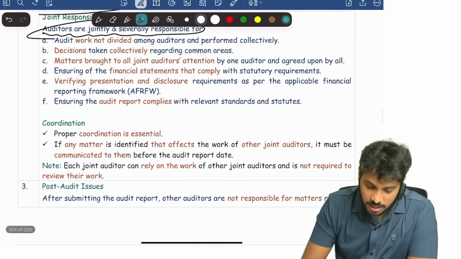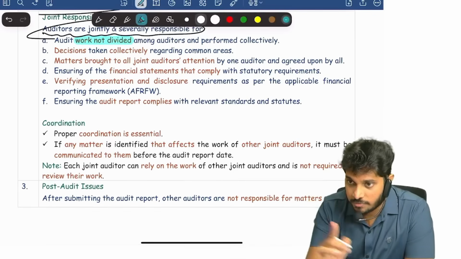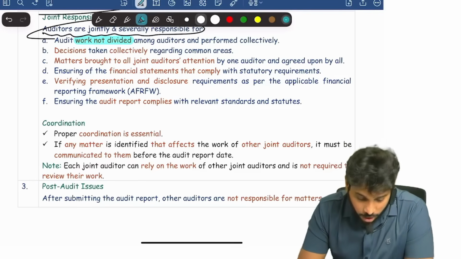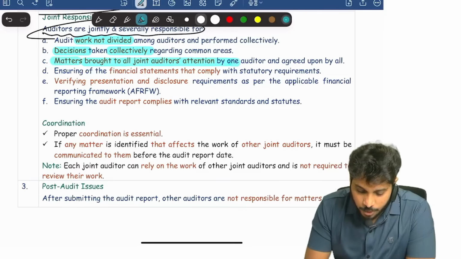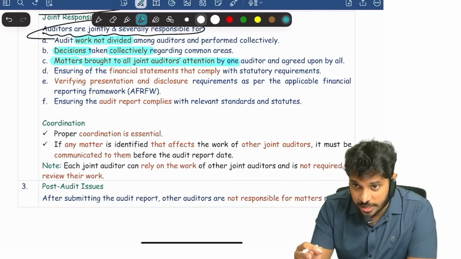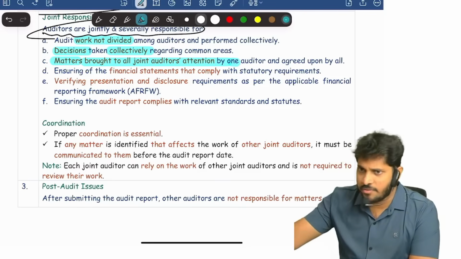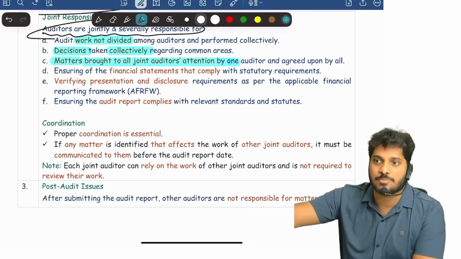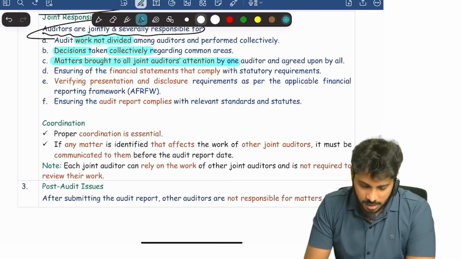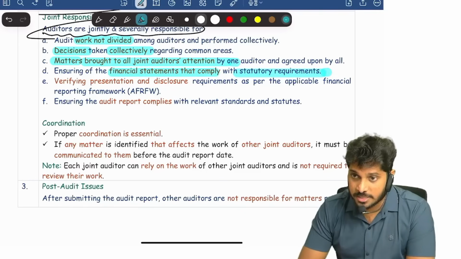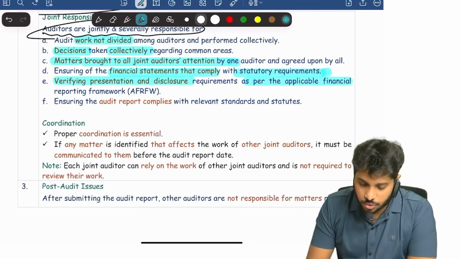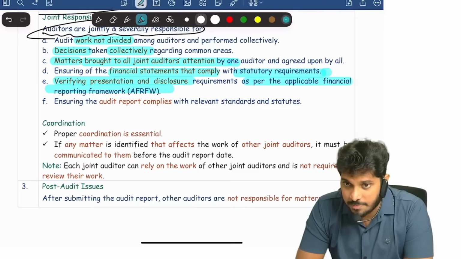There are some works where all joint auditors have combined, joint, indivisible responsibility. What are the areas? Work that is not divided and performed together, decisions taken collectively, or matters brought to the notice of all joint auditors. If some issue is there, everyone got to know about it and none of them acted upon it. Also, ensuring financial statements comply with statutory requirements, and verifying presentation and disclosure is as per the applicable financial reporting framework.